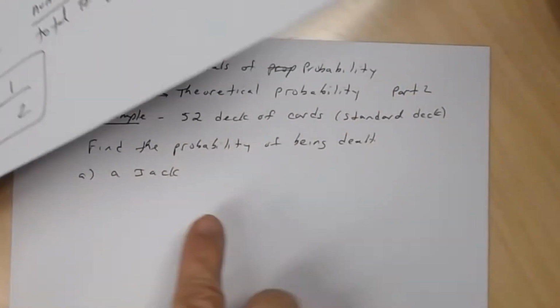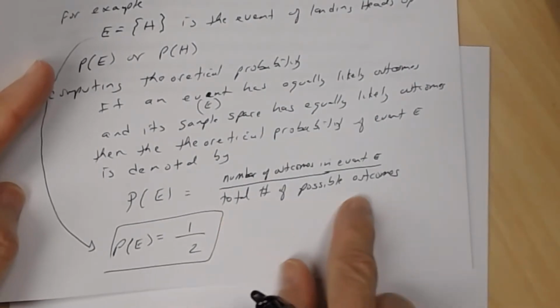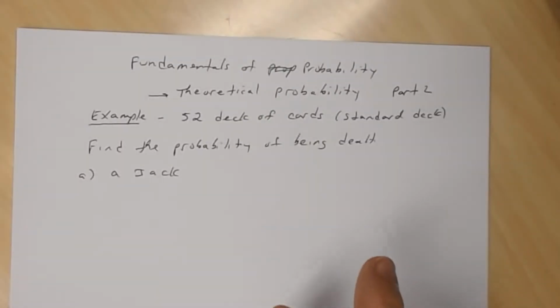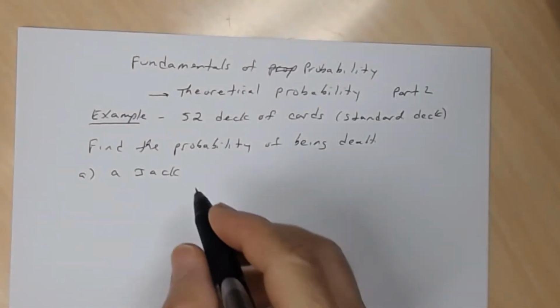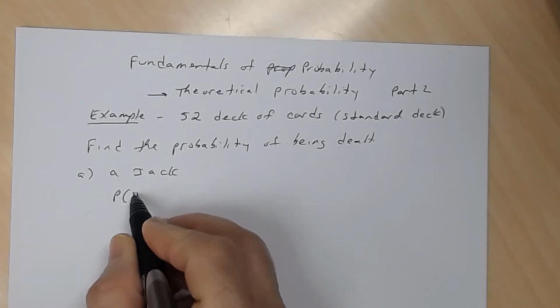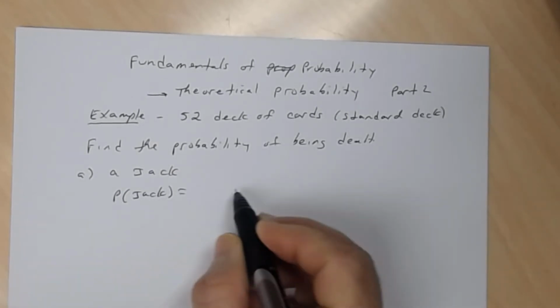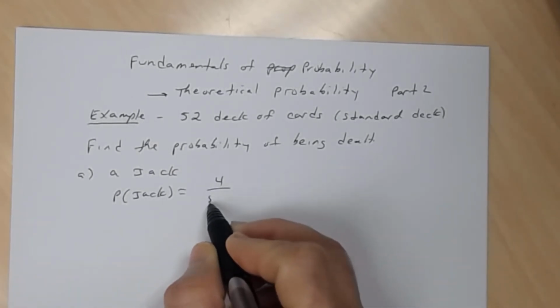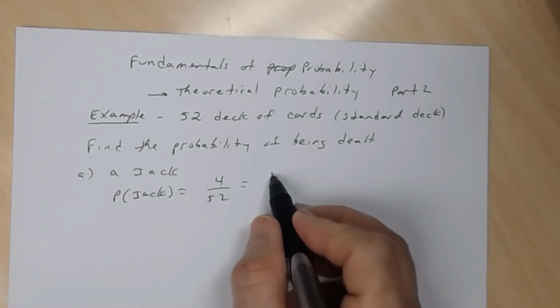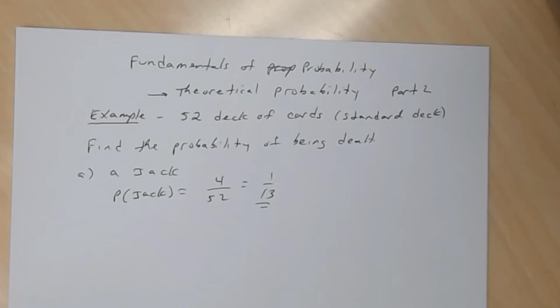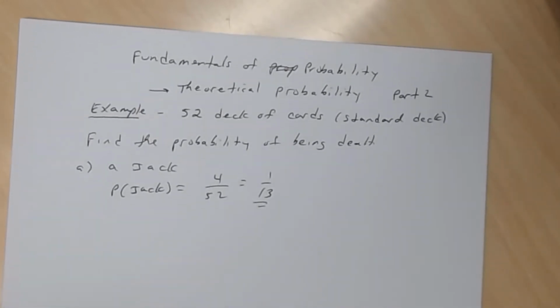Our event is picking a jack, and there are 4 of them, divided by the total number of possible outcomes. How many possible outcomes are there? There are 52. So the probability of picking a jack is 4 divided by 52, which reduced is 1/13.